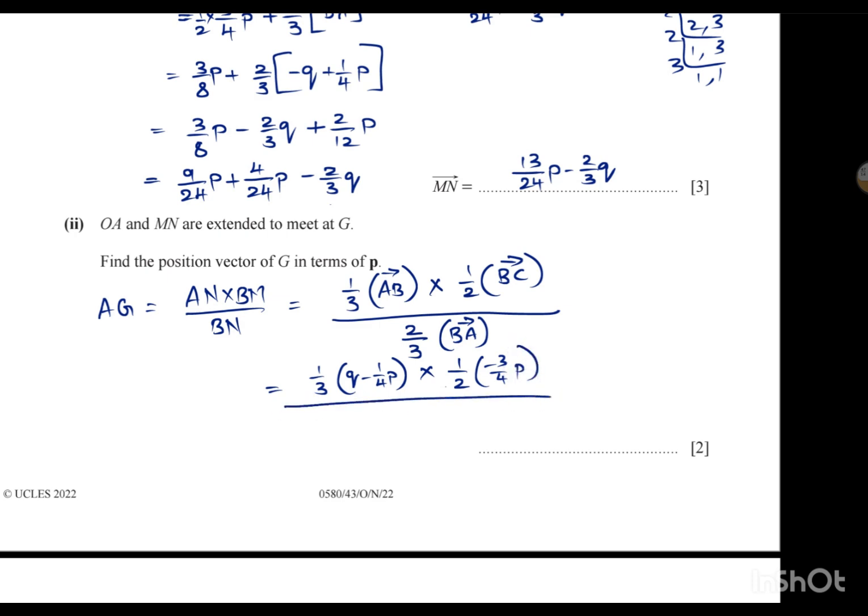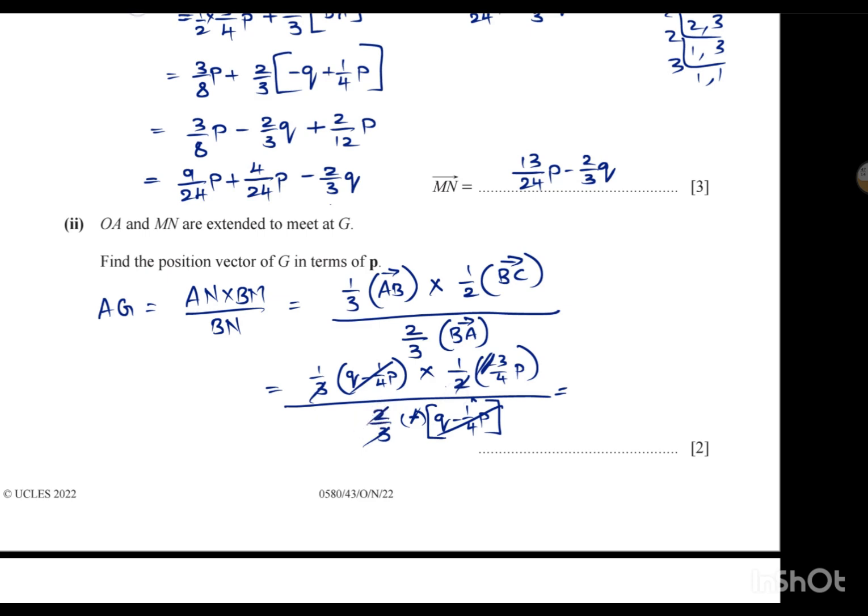Then we know BA, so 2 by 3, the opposite signs, 1 by 4P minus Q. Or else we can keep the minus as it is, because we need to cancel out here. So keep minus and then write AB as it is, minus. Now here 3 gets cancelled, this whole thing also gets cancelled, and the minus and this minus also get cancelled. You will be left with 2 in the denominator.